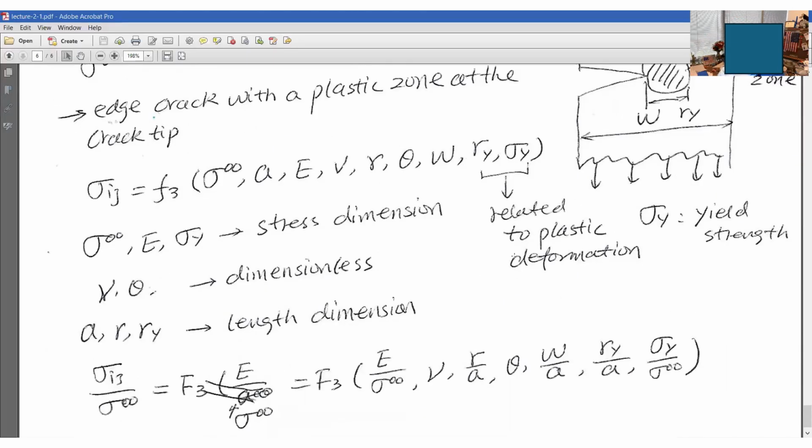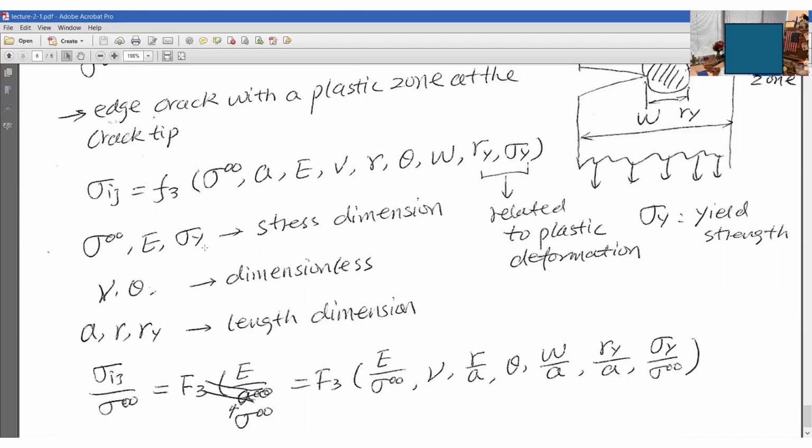So we can see sigma infinity, Young's modulus, and sigma y, these three variables have the dimension of stress. And Poisson ratio nu and theta are dimensionless themselves.